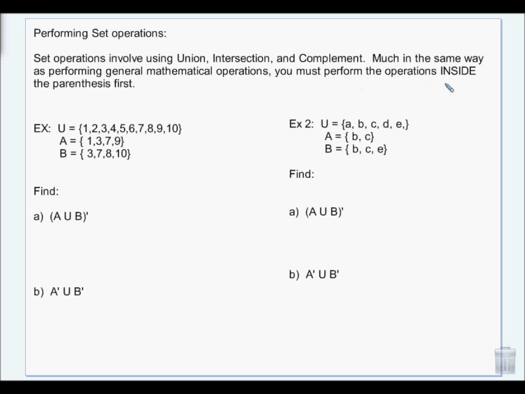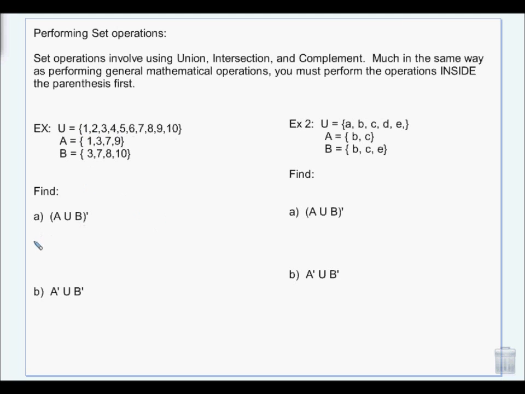So you do what's inside the parentheses first, and then you work your way out. So here I have the complement of A union B. Before I can find the complement of A union B, I have to know what A union B is, and then I can take the complement of that out of the universal set.